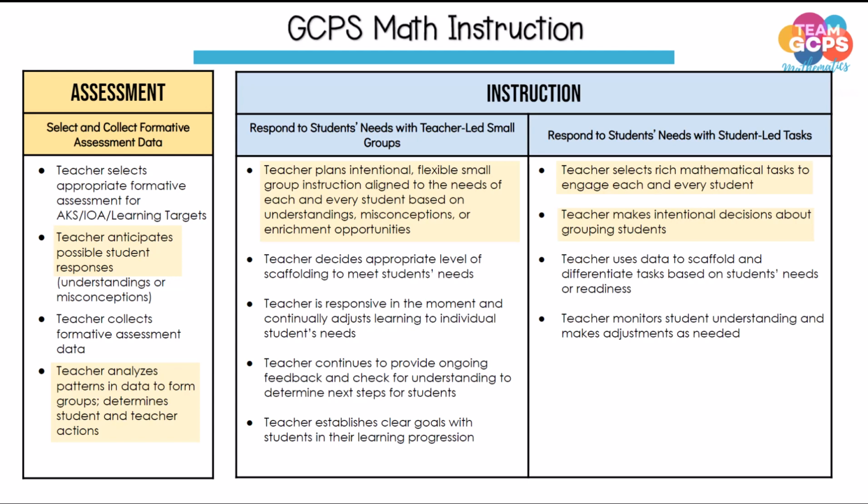During this time, you will also need to determine what scaffolding might need to take place during the lesson in regards to which manipulatives need to be available, which student support might be needed for learners, and what scaffolding might need to take place for our varying student groups, such as our multilingual learners or students with learning disabilities. These are all things that need to occur prior to implementation of the task.